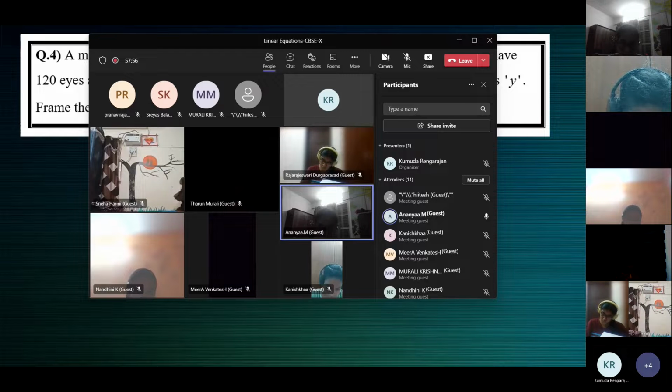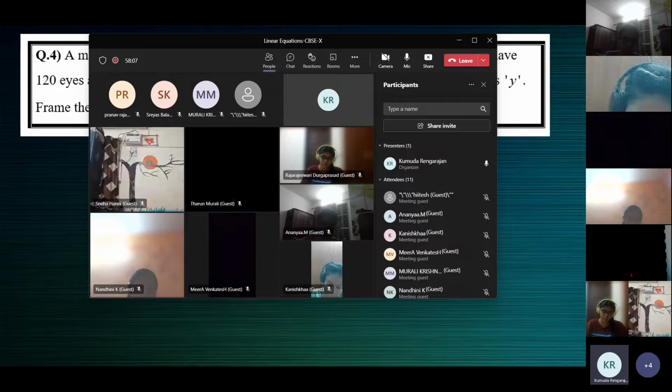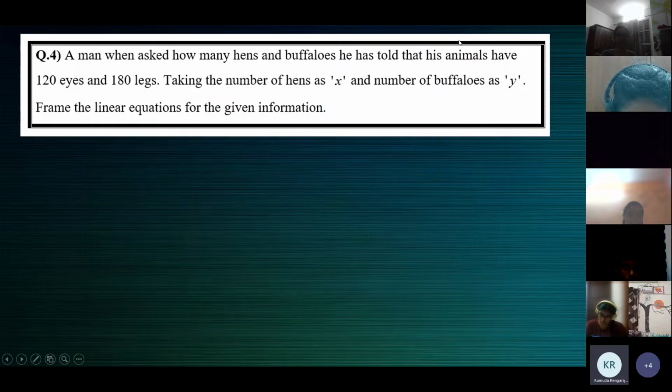30 hens and 30 buffaloes. You check. Oh, the question was only to frame equations, is it? Okay. Frame the linear equations for the given information.